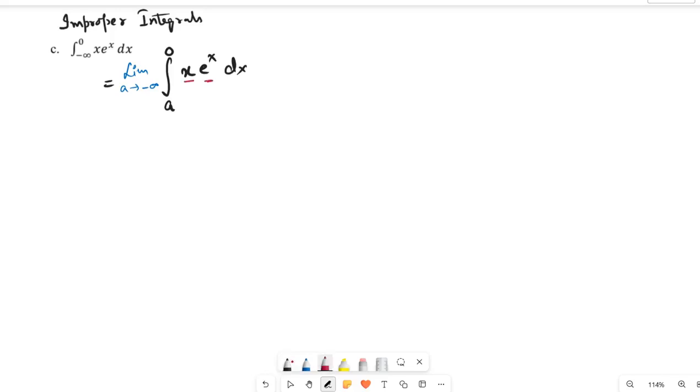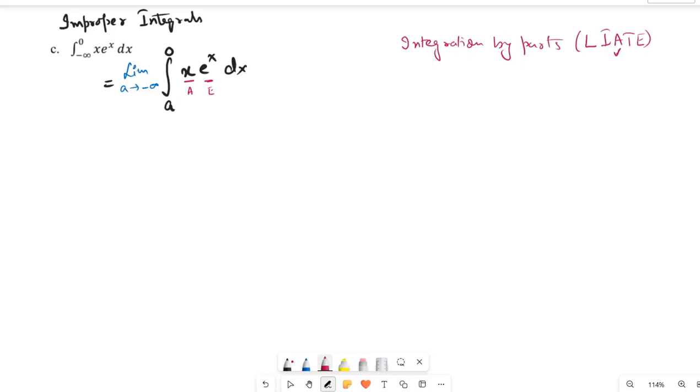Now, how are we going to handle this integral though? This is two functions written side by side, so that's a product of functions. Integration by parts will be used for this kind of problem. For integration by parts, we use the mnemonic LIATE. x here is an algebraic function and e^x is an exponential function.